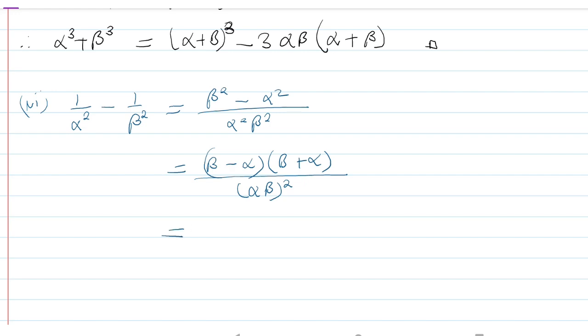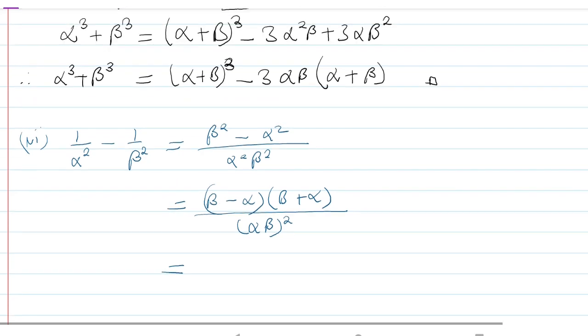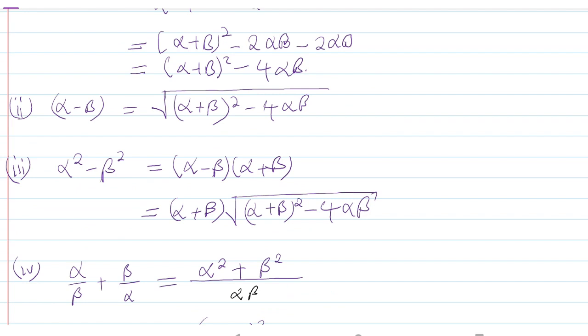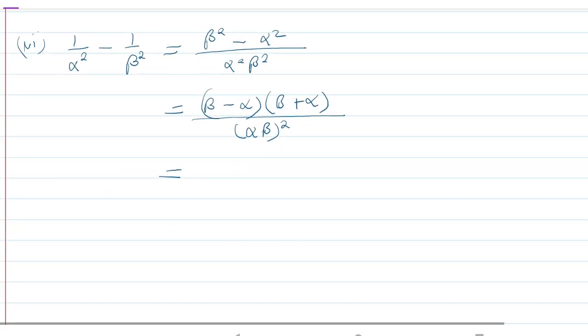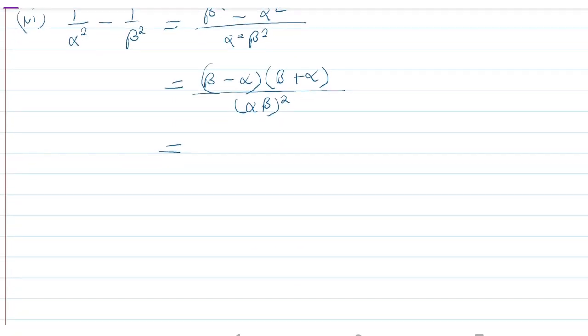Okay. Now, here we have beta minus alpha. Remember, in number 3, we found the expression for alpha minus beta, which is the square root of alpha plus beta squared minus 4 alpha beta. So we're going to mimic that and rewrite this in terms of alpha minus beta.